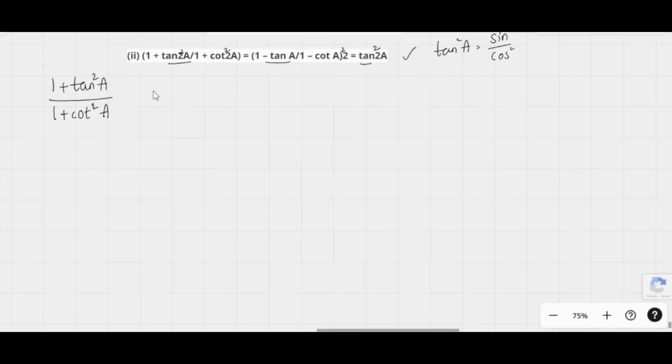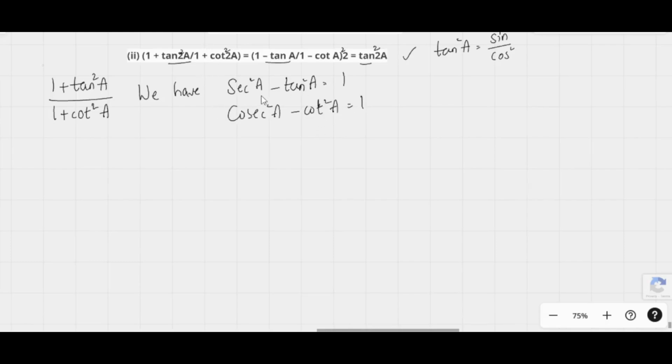We have the identity secant square A minus tan square A is equal to 1. This is the identity where tan is there. And we have an identity cosecant square A minus cot square A equal to 1. This is another identity.